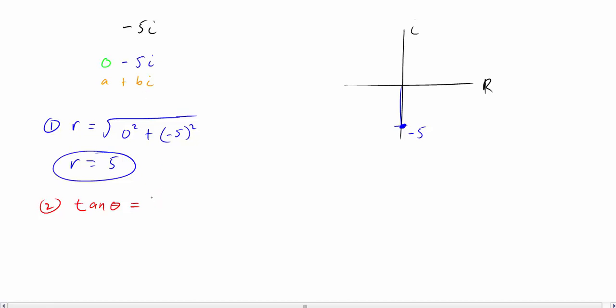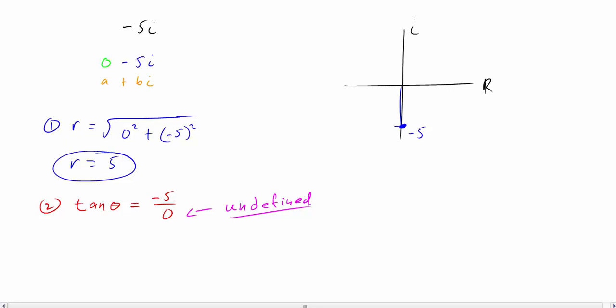So our b value is negative 5 over a, which is 0. And here we should realize that this is division by 0, so therefore our tangent function is going to be undefined.